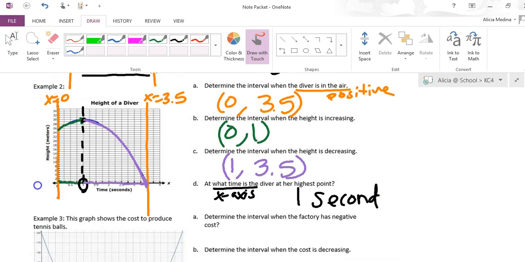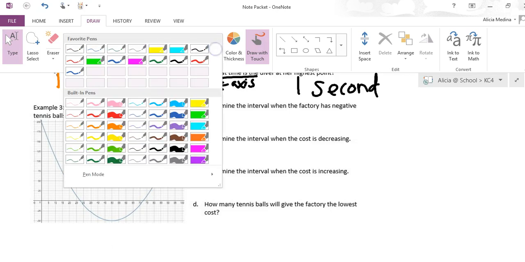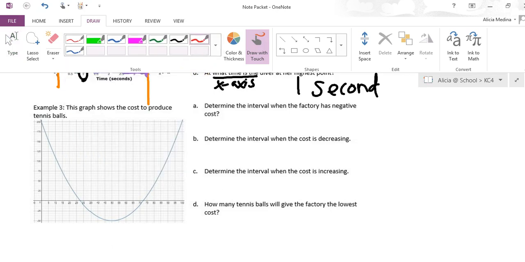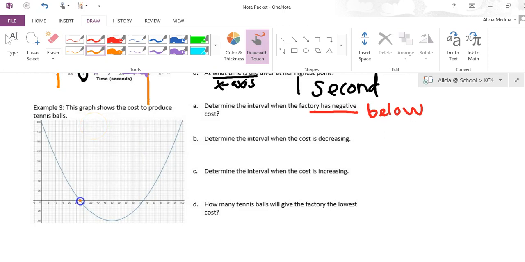All right, looking at example number 3. This graph shows the cost to produce a tennis ball. Determine the interval where the factory has negative cost. Negative means below the x-axis. It's a lot easier sometimes to find those x-intercepts and see wherever it's positive.